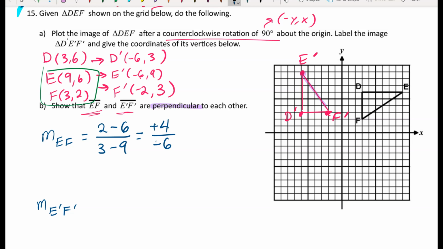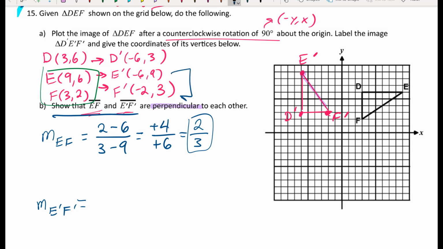Remember, a negative divided by a negative is positive, and I could divide those both by 2 to get 2 over 3. So you should already be thinking in your head, I want this slope to be the negative reciprocal, which is negative 3/2, because that would show that they're perpendicular. And it says to show that they are perpendicular. So they're telling me exactly what I should get, so my work should justify that.